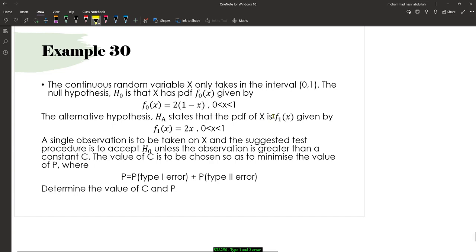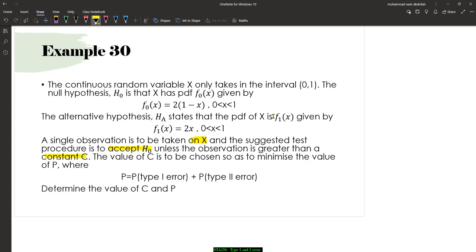A single observation is to be taken on x, and the suggested test procedure is to accept the null hypothesis unless the observation is greater than a constant c. That means if it is greater than C, we reject the null hypothesis. If less than C, we accept the null hypothesis.